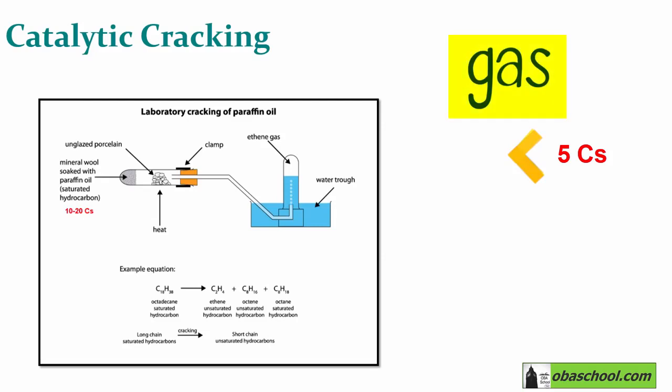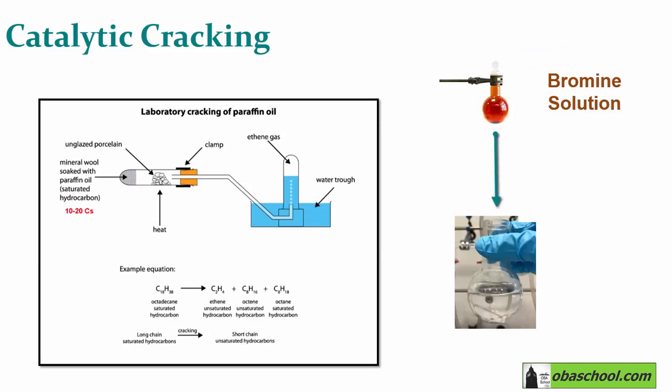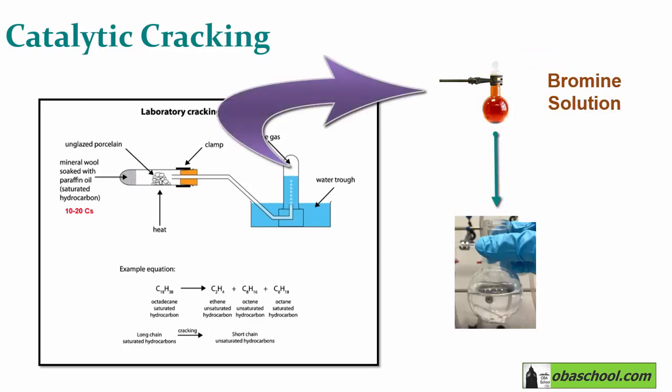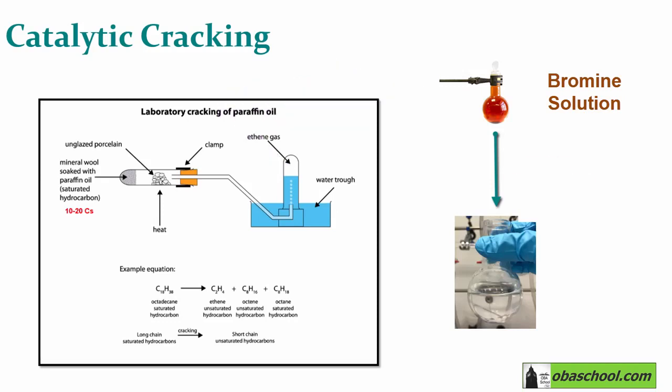And this mixture decolorizes bromine solutions. So if it is added to a brown bromine solution, the color of the bromine solution will disappear. And this is a test for a carbon-carbon double bond, showing that the product contains alkenes. So when alkenes are added to bromine solution, the bromine solution will decolorize, so we have a double bond.